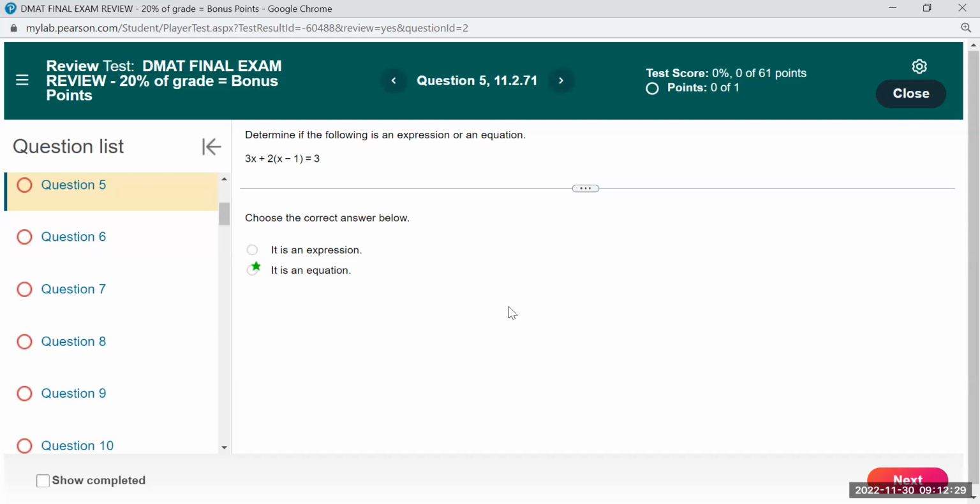Number 5. Determine if the following expression is an equation. 3x(2x - 1) = 3.